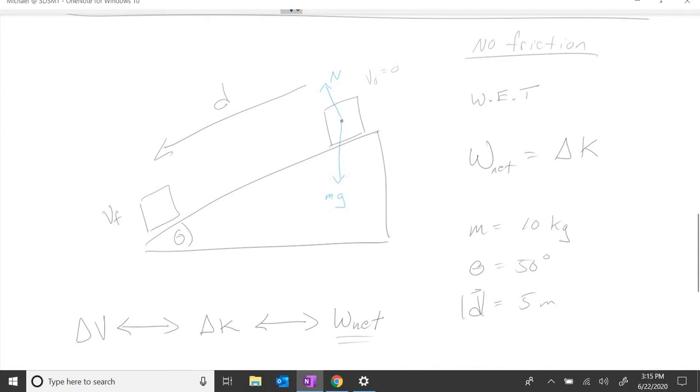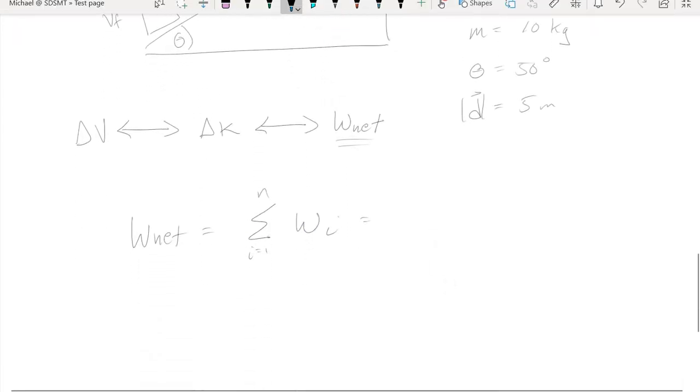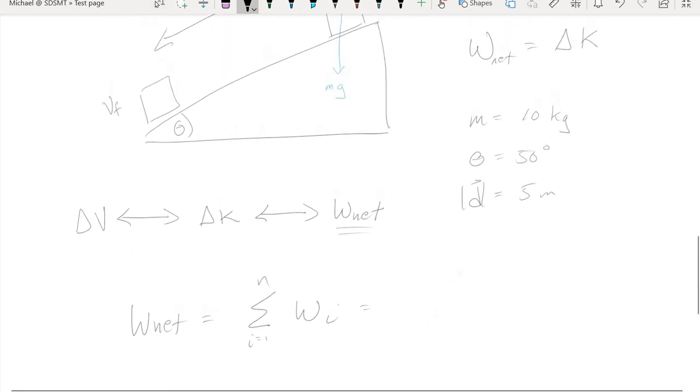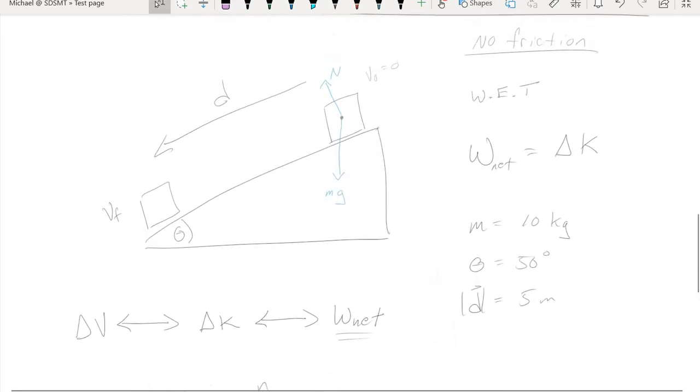And we've got the displacement vector pointing downhill. Ultimately, the displacement vector will have to be used in evaluating the work done by these different forces. Now, we could set up a reference frame. There's absolutely nothing wrong with setting up a reference frame.